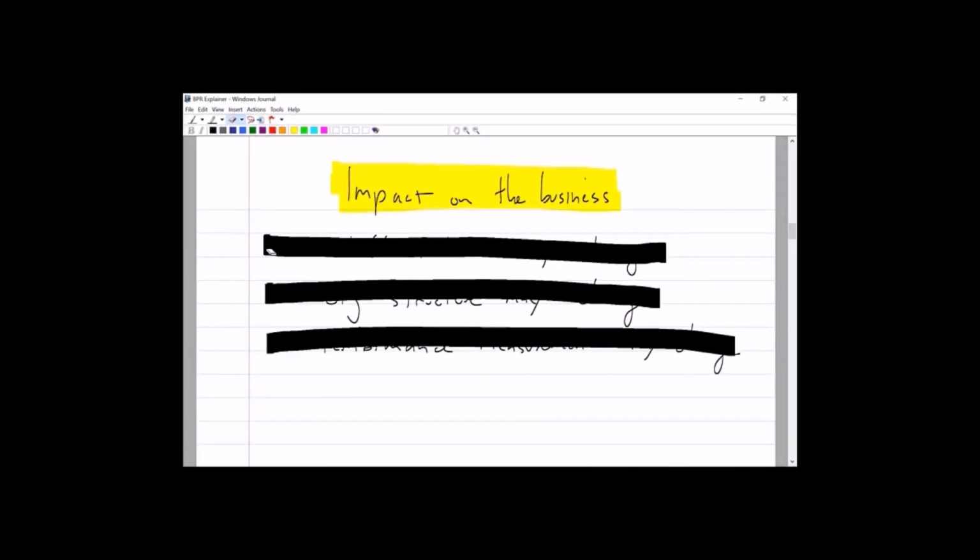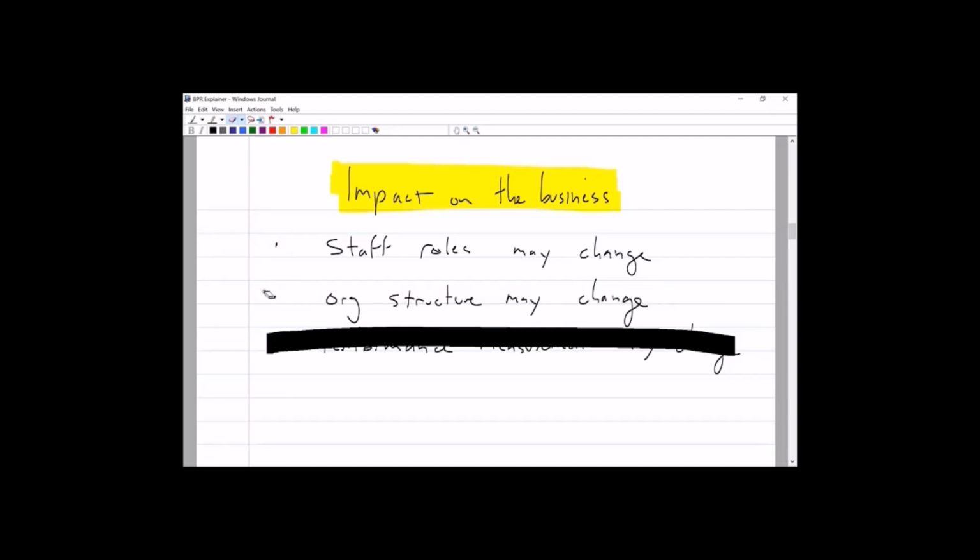BPR can potentially have a big impact on our business. If we are redesigning our processes, people are doing things in a new way, they're working differently, so staff roles may change. The organization structure may change as well. We might need fewer operational workers, we might need an enlarged IT department, staff might have access to more information.